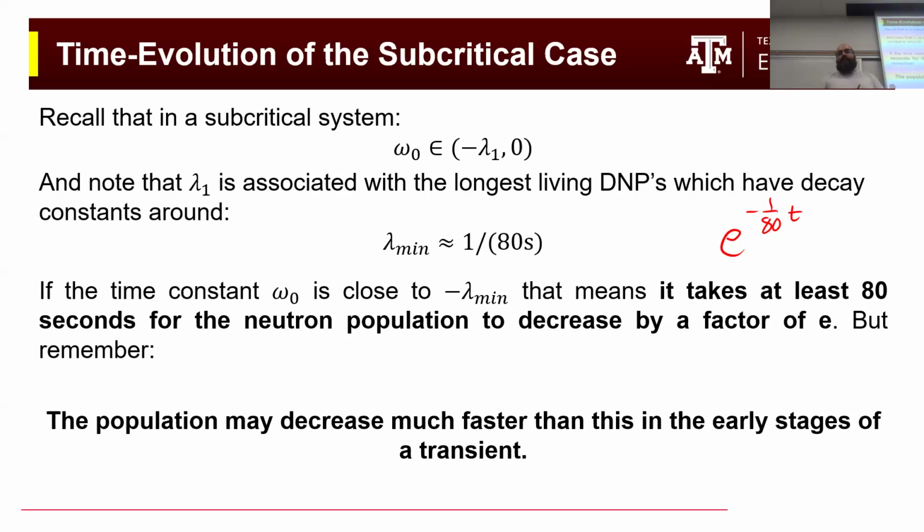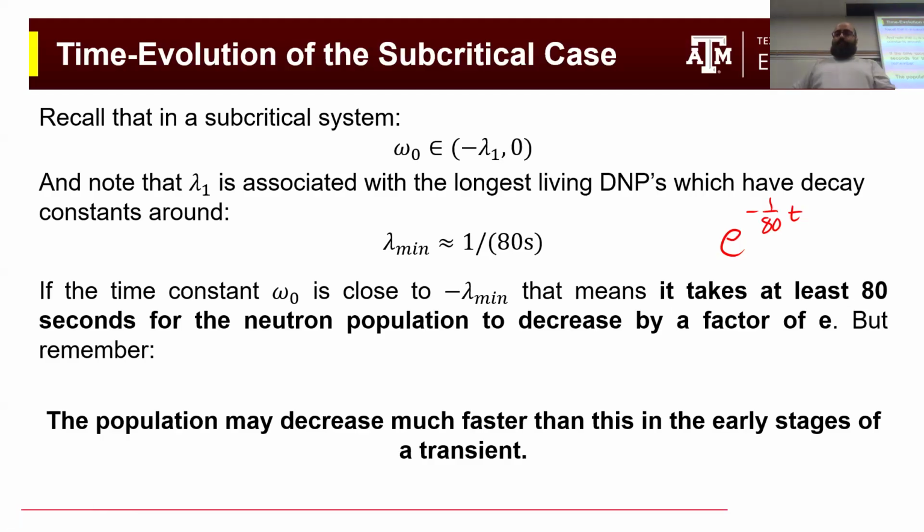That gives me an idea about what a plot of my neutron density or my power or my scalar flux would look like over the first 80 seconds. If omega zero is negative, it's a good approximation to say that after the first 80 seconds, whatever the initial value is would be reduced by a factor of e.